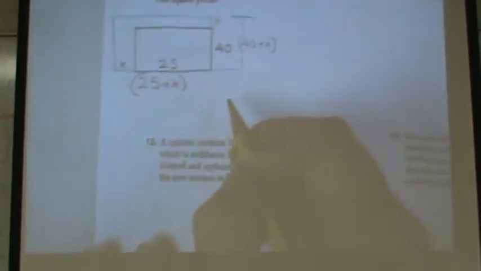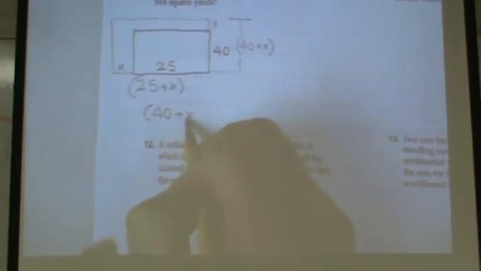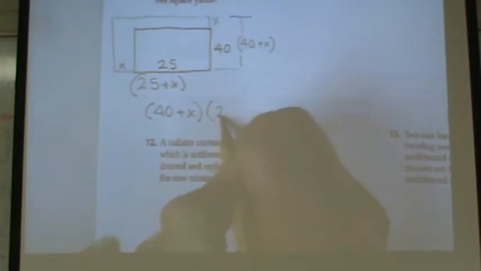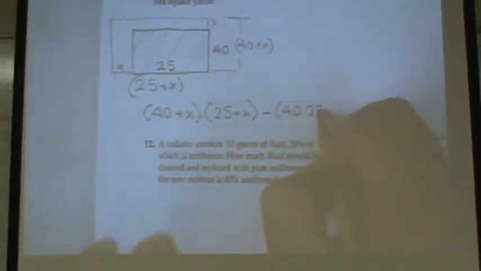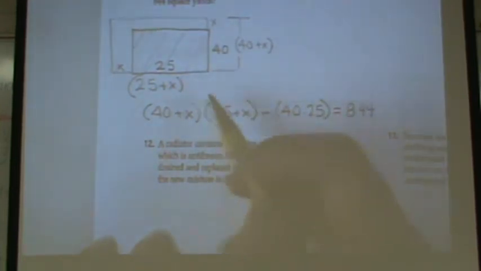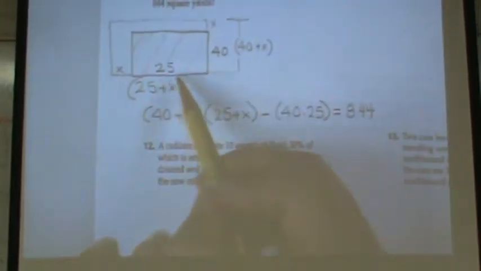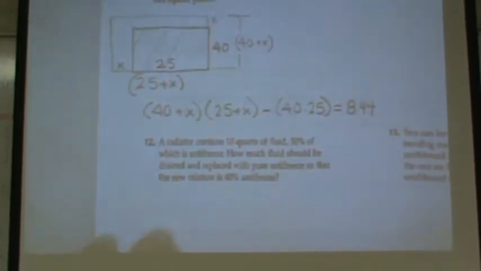So you have 40 plus x times 25 plus x, and we're going to subtract the area of the lot, which is 40 times 25, and set this equal to 844. So it's the area of the whole thing, subtract the area of the 25 by 40 lot, and then set that equal to 844.